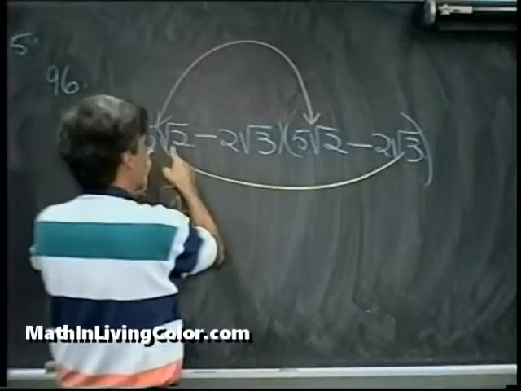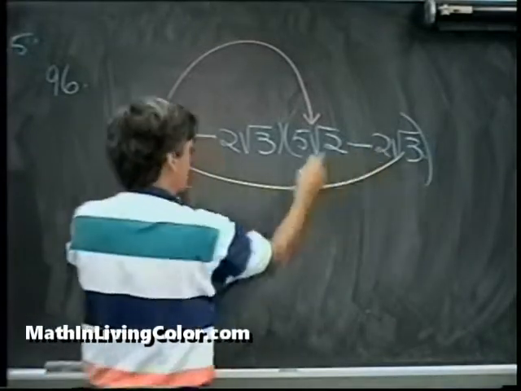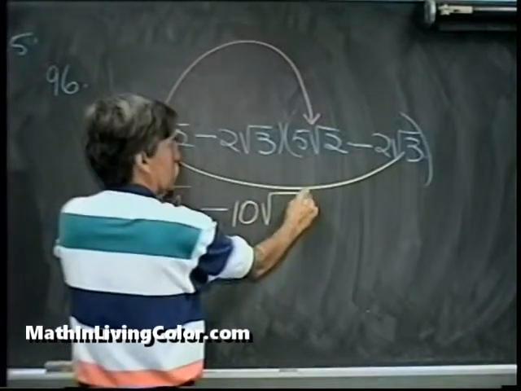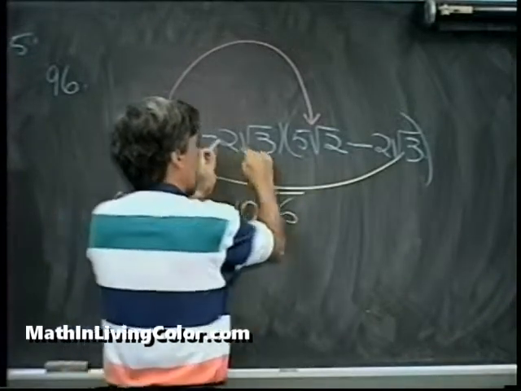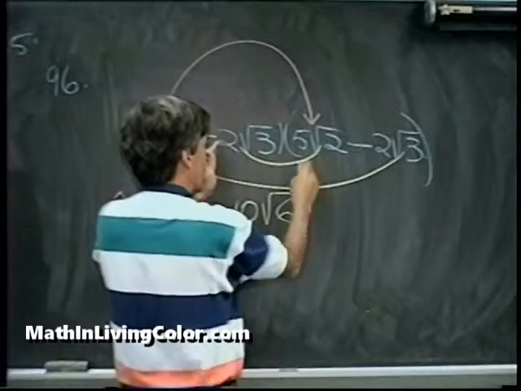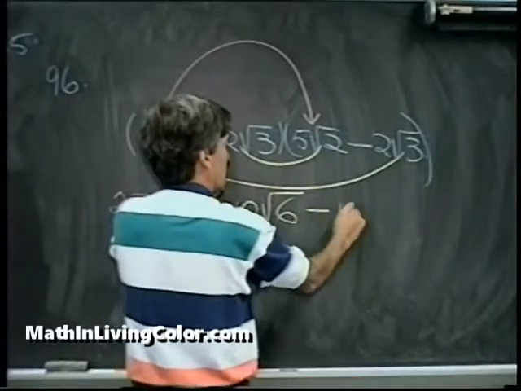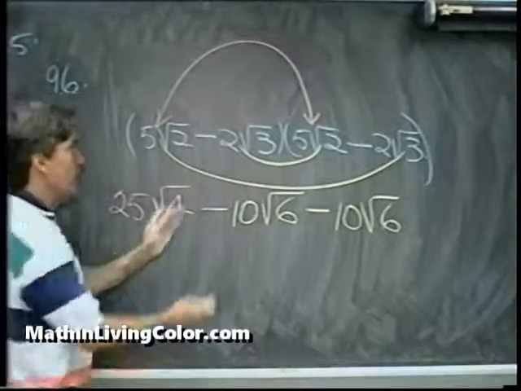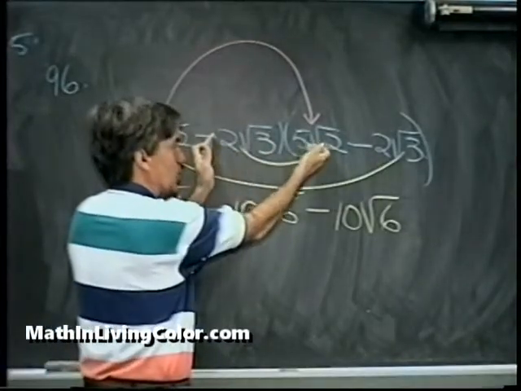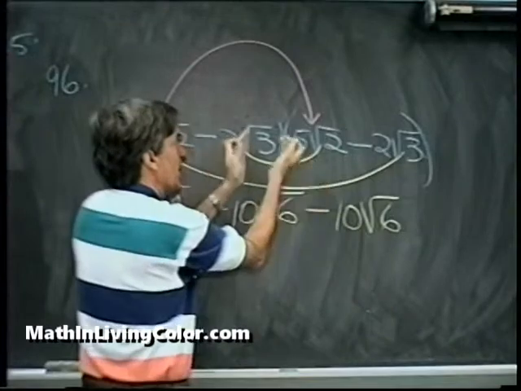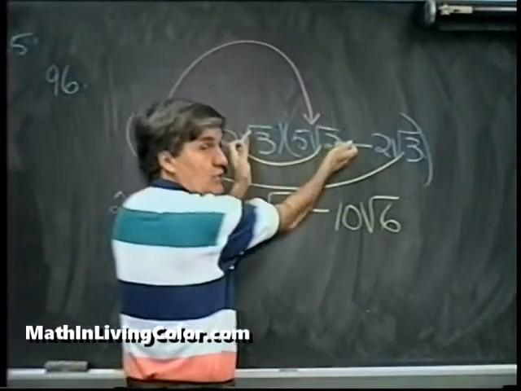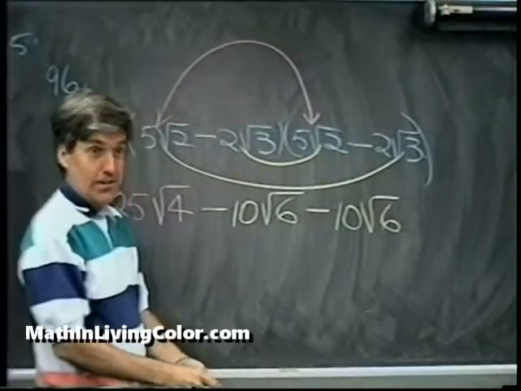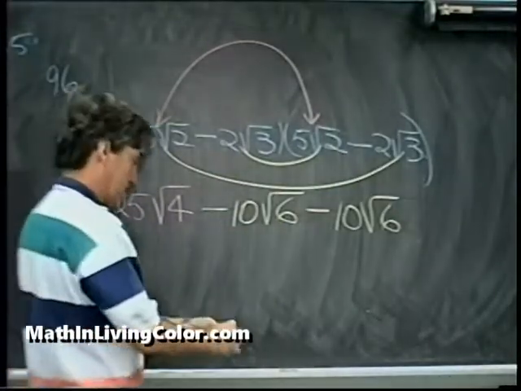Outer times outer, we'll take 5 times negative 2, which is negative 10, square root of 6. The inner times inner, which is another negative 10, square root of 6. Okay? Negative 2 times 5 is negative 10. And then the square root of 3 times the square root of 2, the square root numbers inside stay inside. Remember that.